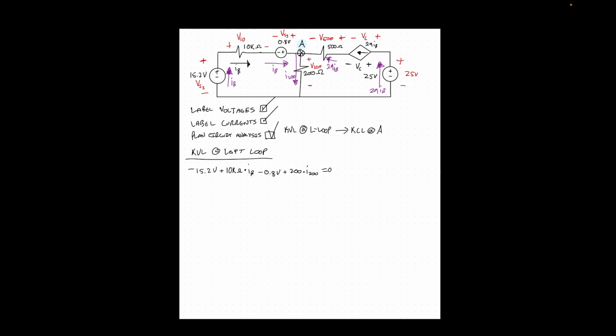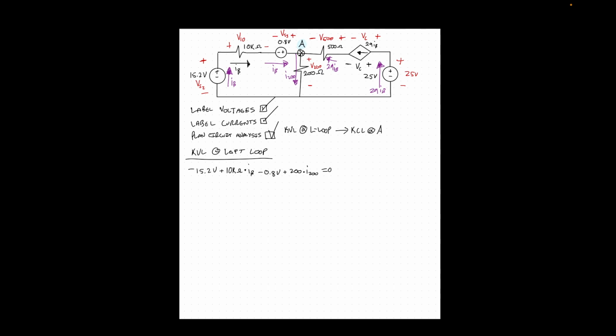All right, now what I'm going to do is my KCL. So like I said before, my KCL is going to read just as so. I have I beta is the current that is entering this node. I have I200 leaving. And I have a 29 I beta entering.